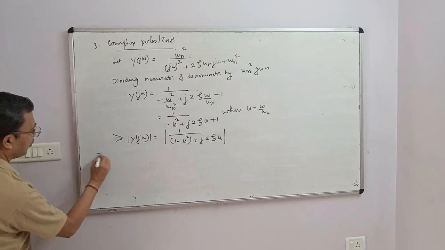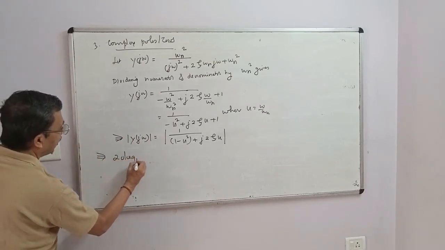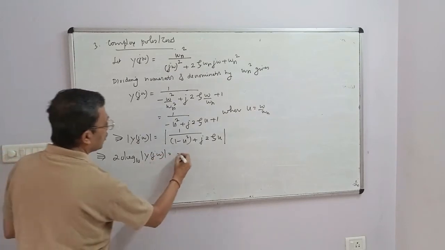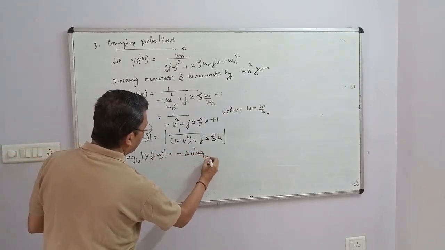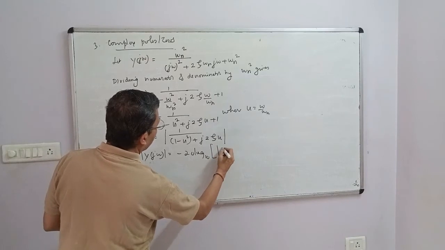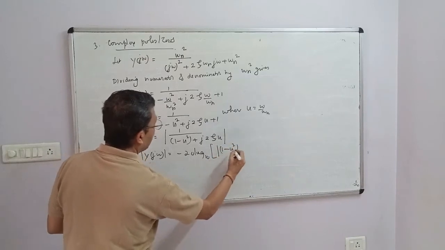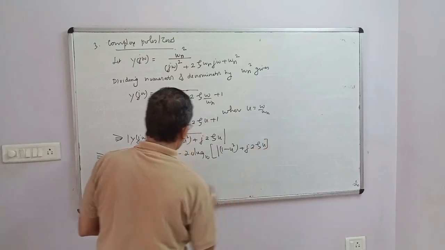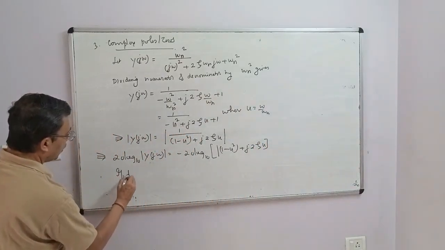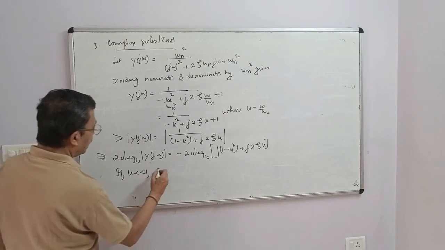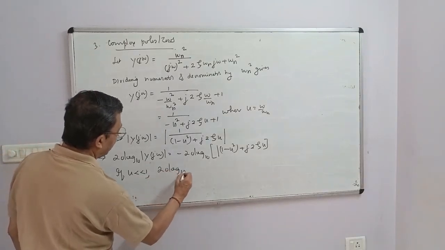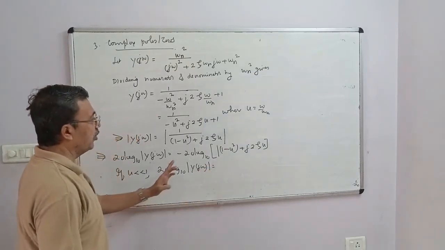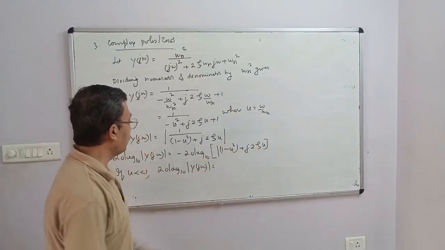This implies 20 log to base 10 magnitude of y of j omega is equal to minus 20 log to base 10 modulus of 1 minus u square plus j times 2 zeta into u. If u is very much less than 1, neglect u square and the u term with respect to 1.